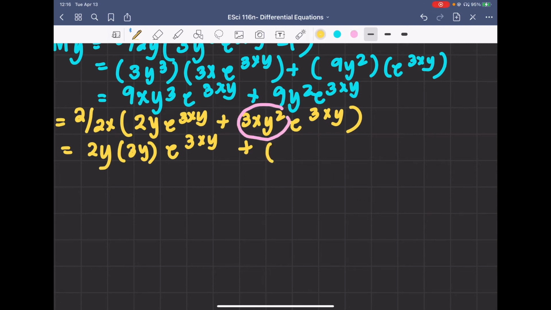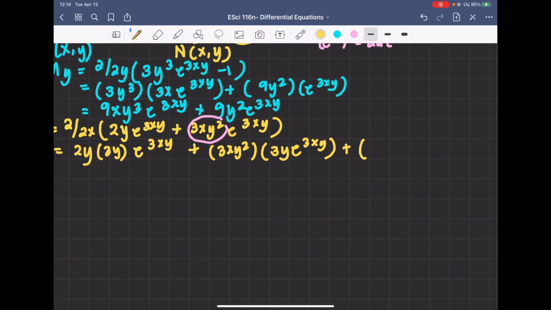You already know the steps for the product rule. That's writing the first term times the derivative of the second term, then the derivative of the first term times the second term. So we have here 3xy squared times 3y times e raised to the power of 3xy.